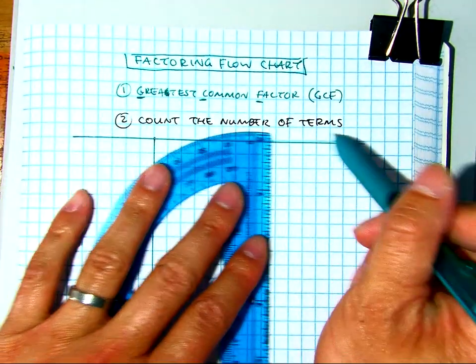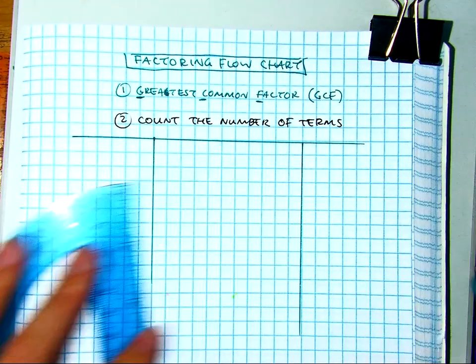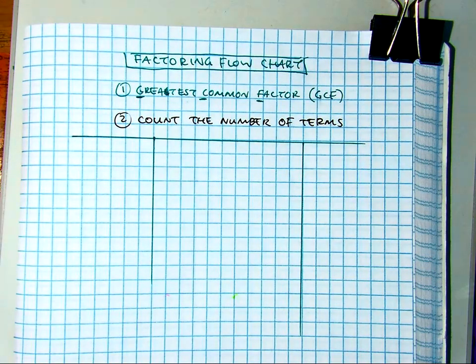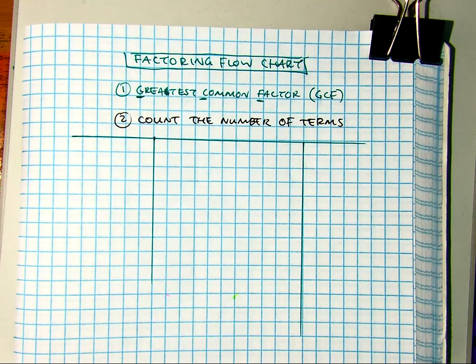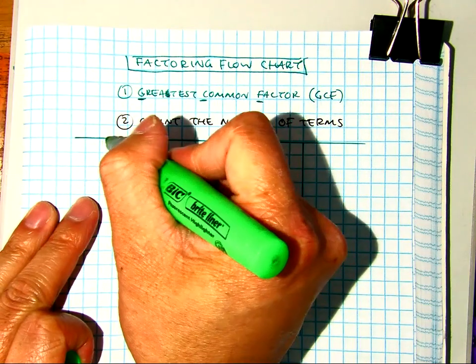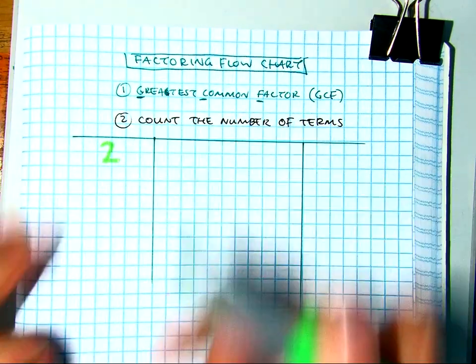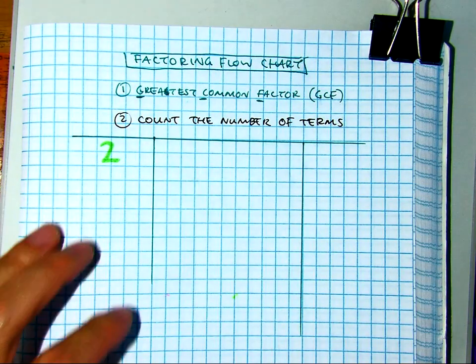Your scenarios, you might have two terms. Two terms is called the difference of squares.